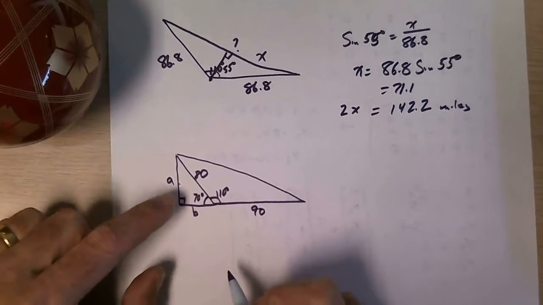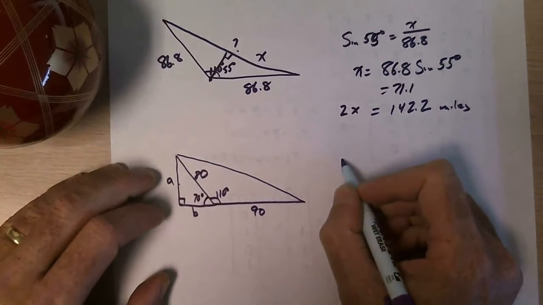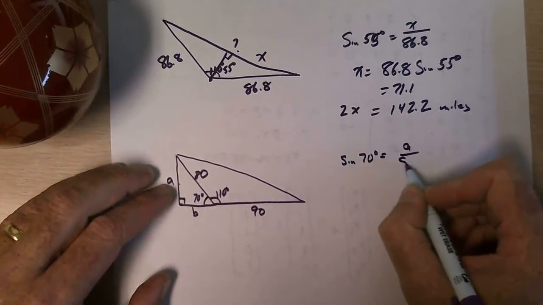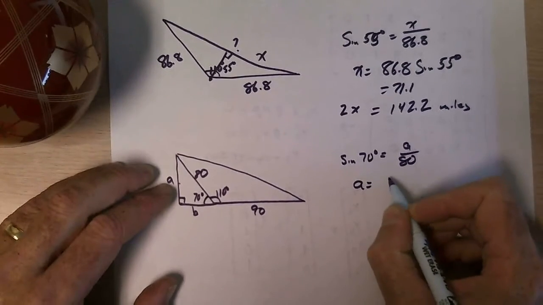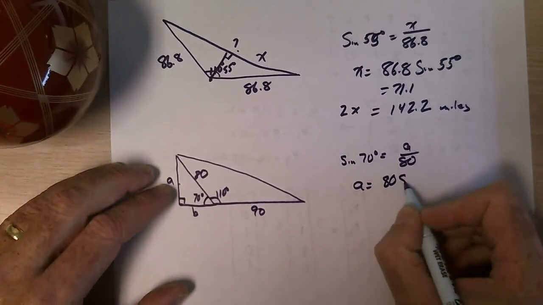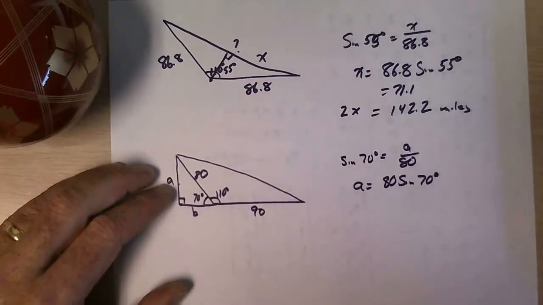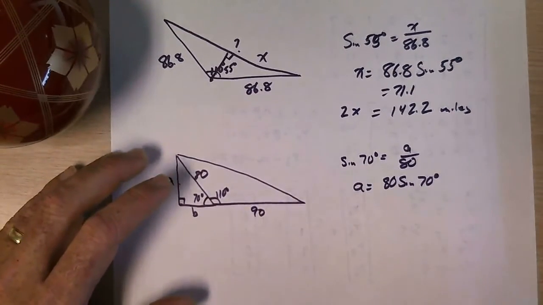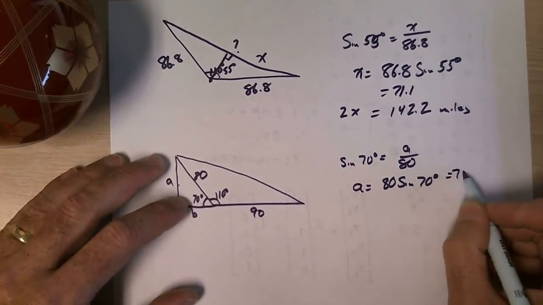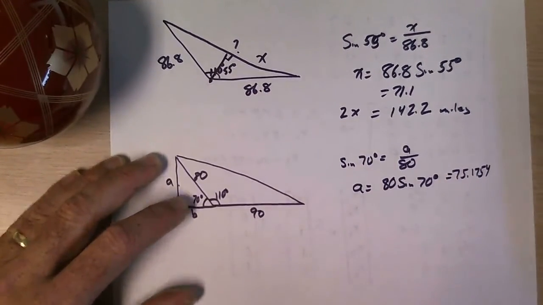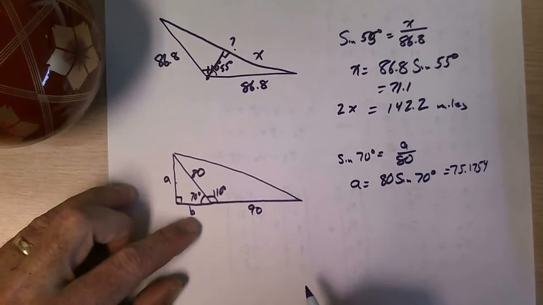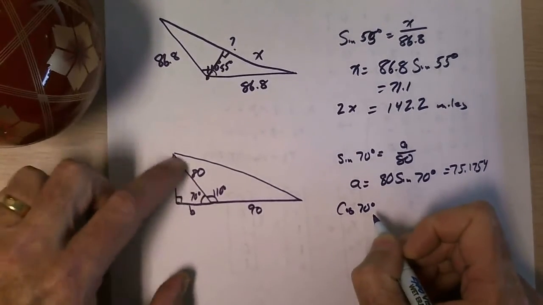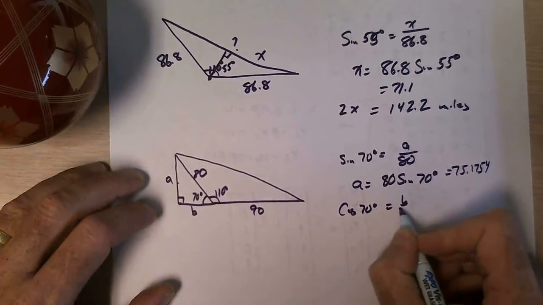So that's 70 degrees. And I can say things like the sine of 70 degrees is A over 80. So A is equal to 80 times the sine of 70, which turns out to be 75.1754-ish. And then I can get B using the cosine, because the cosine of 70 degrees in this triangle right here is B over 80.